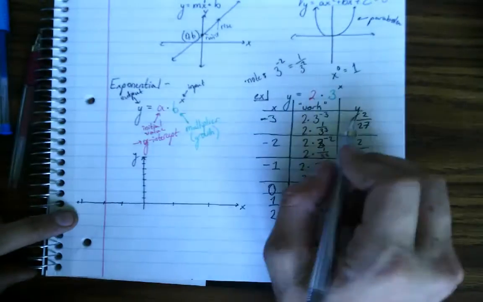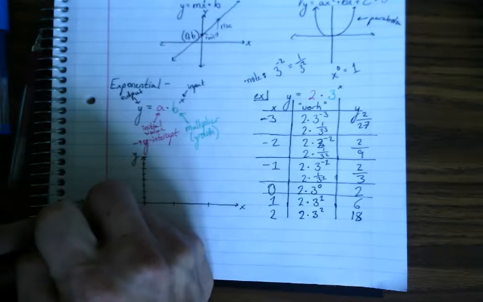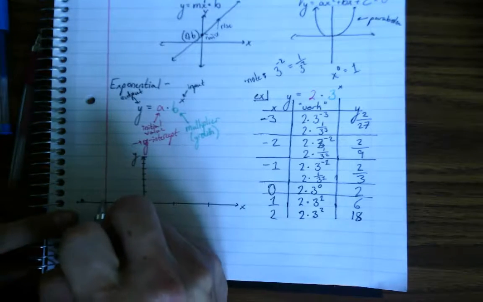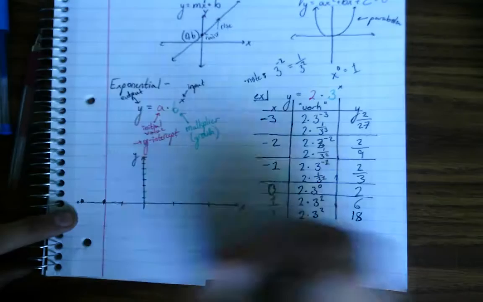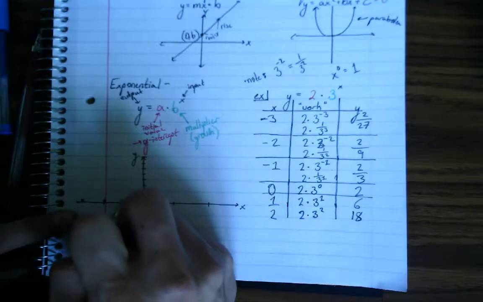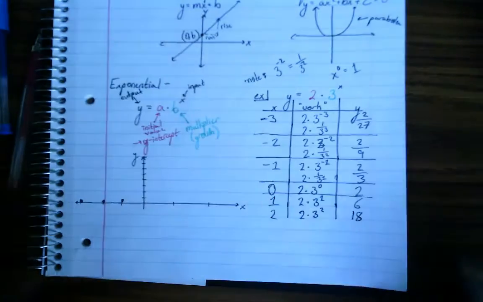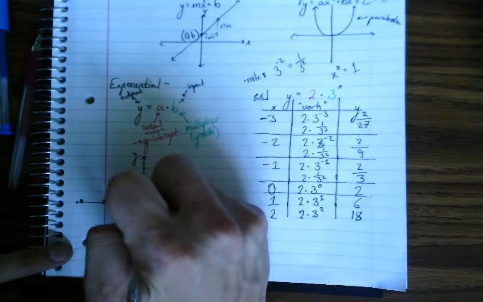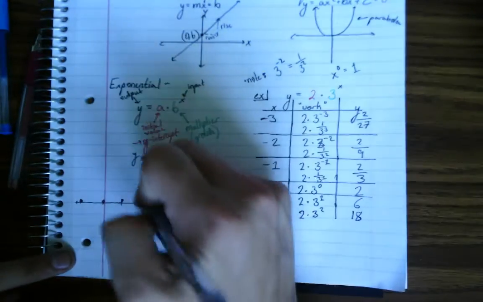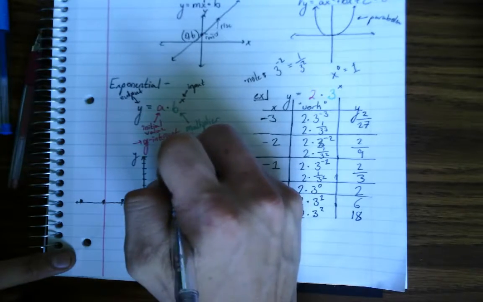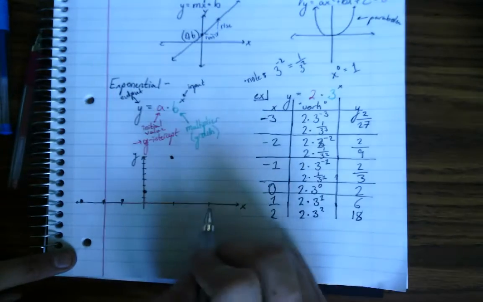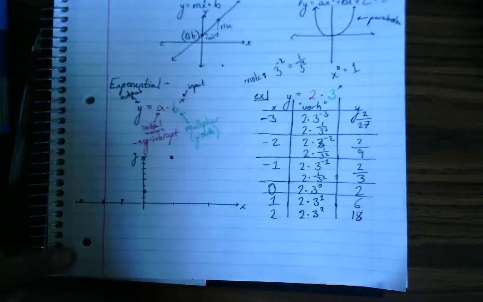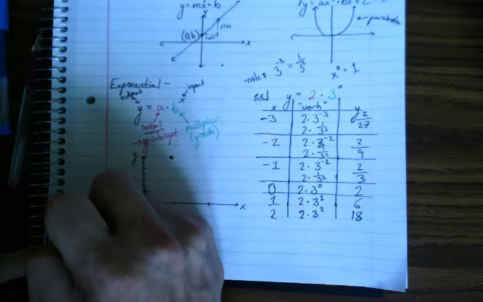So when x equals -3, y equals 2 over 27, so super tiny. When it's equal to -2, we got 2/9, so again, very tiny, a little bit bigger. Then we have -1 is 2/3. Then when x equals 0, we're up to 2. And then we're up to 6 for 1. So we're already up here. And then 2 is all the way up here at 18, so it's going to be way up here. I'm not going to do that, just to keep the notes nice.